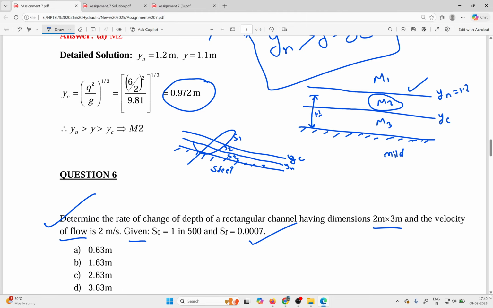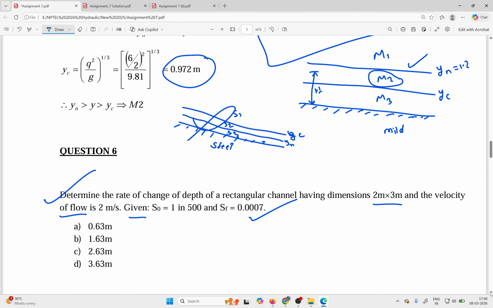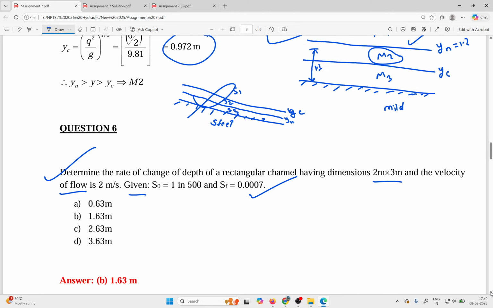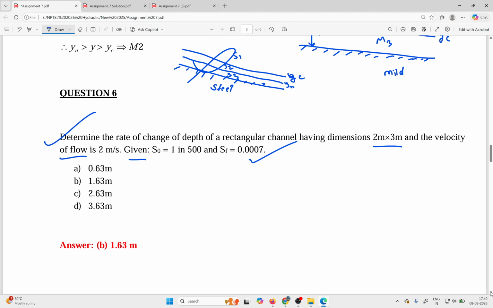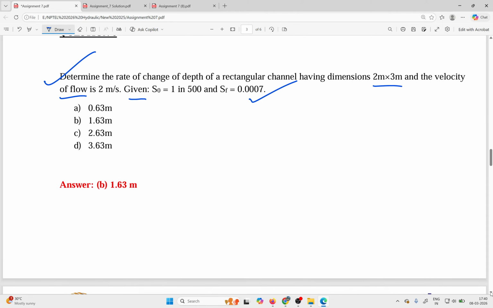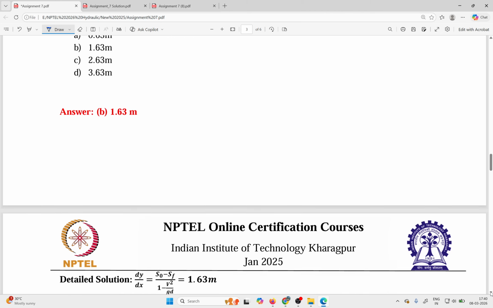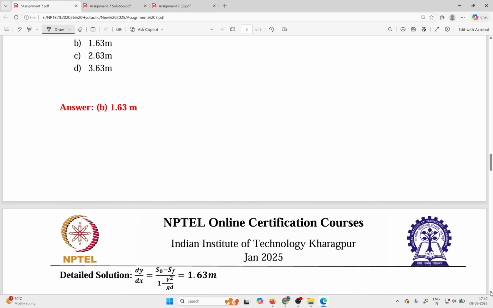So please always remember, and you have to practice such type of questions. Also, when I upload this PDF, please follow it and try to solve these questions by yourself. Okay, so I was telling you, you have to apply this formula dy by dx.